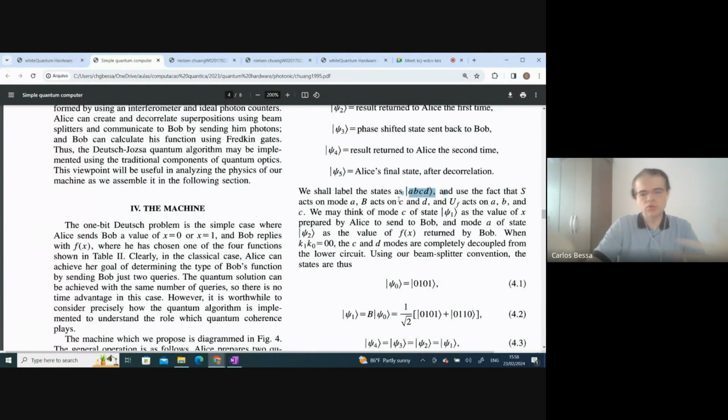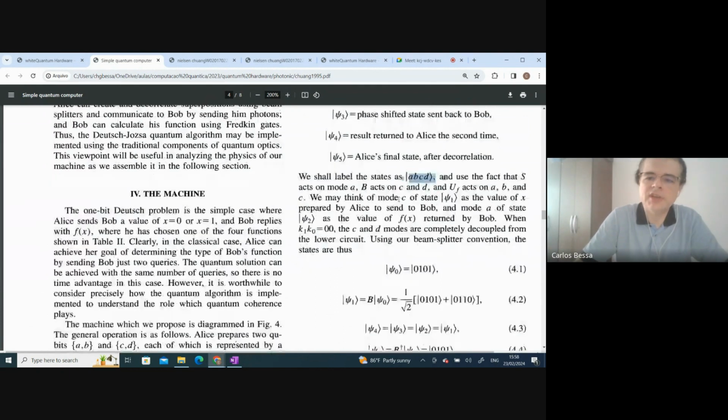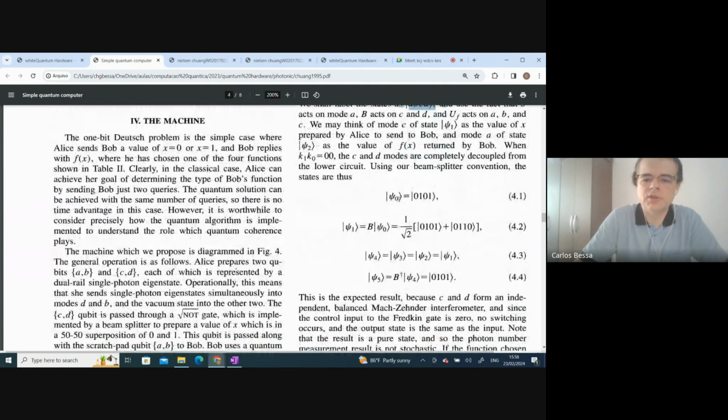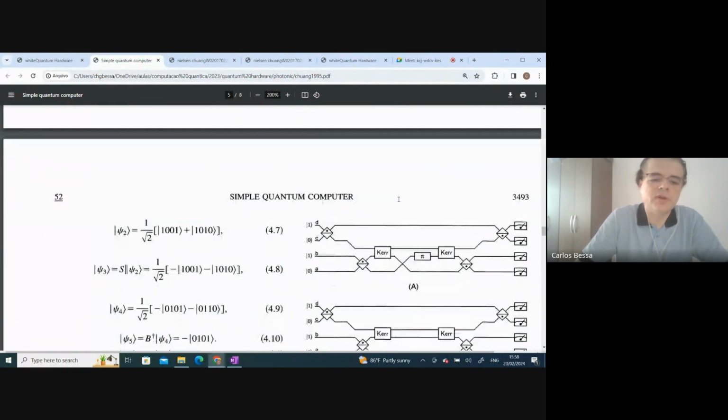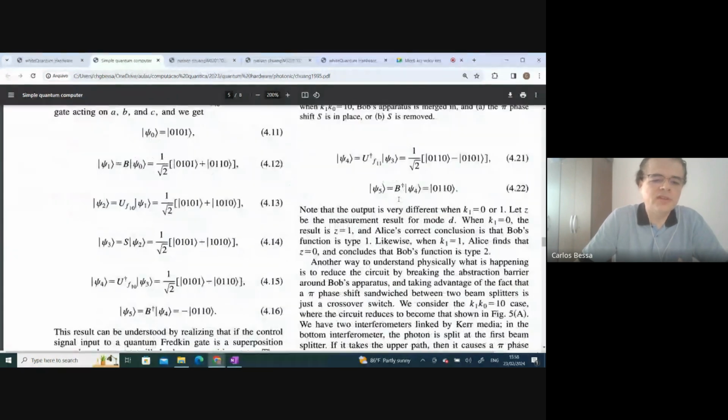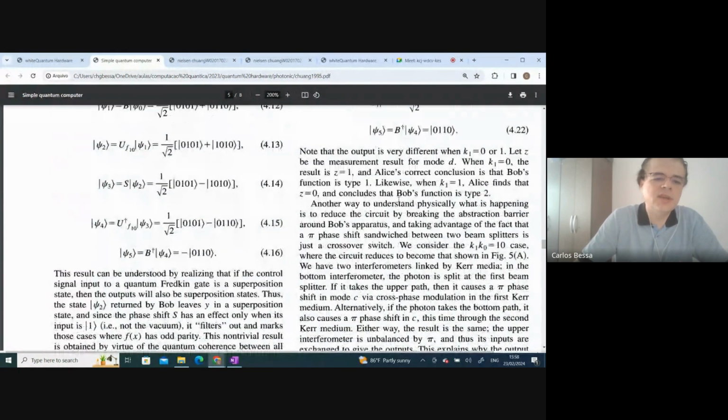But physically, this will not change. You guys can use his notation in the paper. The only thing is I found one mistake, when he applied this S operator here.